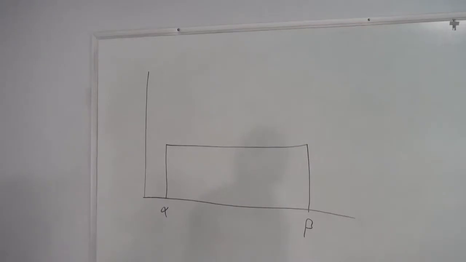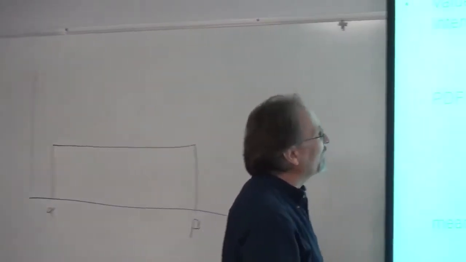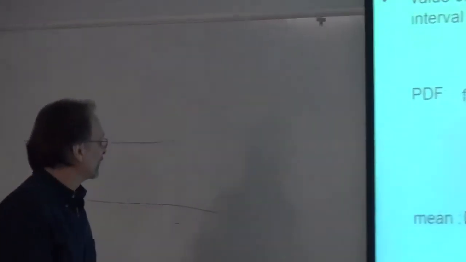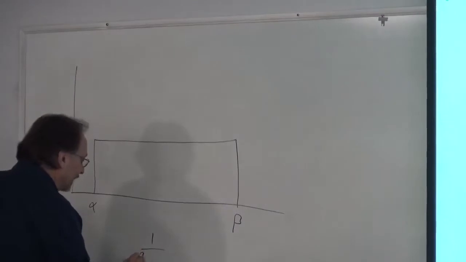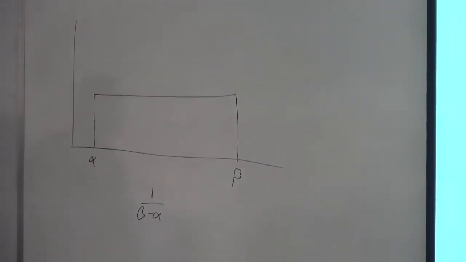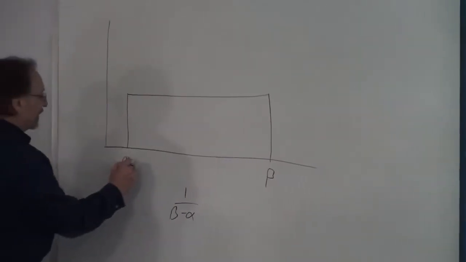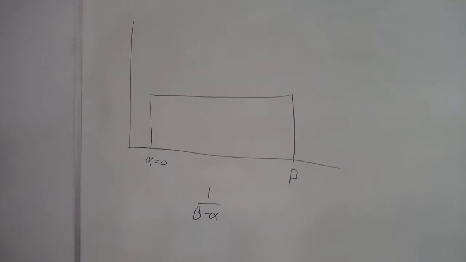So that means that the probability of getting any value is 1 over this difference. So the probability of getting any value is 1 over beta minus alpha. Very, very frequently, alpha is equal to 0, in which case that reduces to 1 over beta.